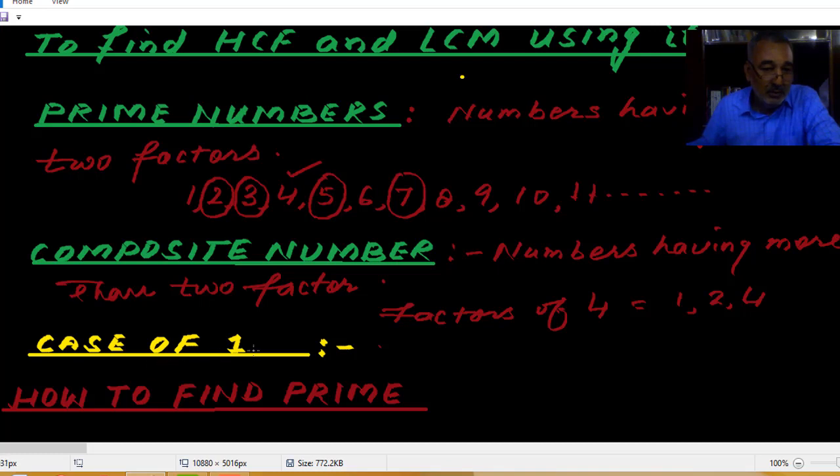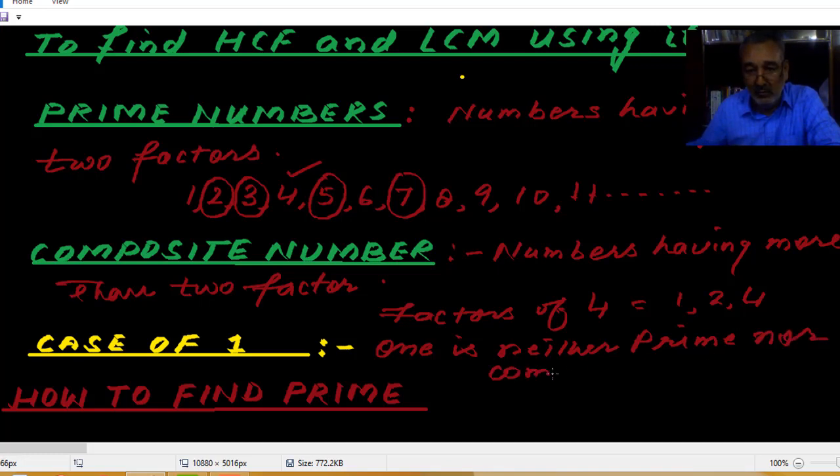So remember, 1 is not included in prime numbers and it is not a composite number. Write down here: 1 is neither prime nor composite. Remember it.